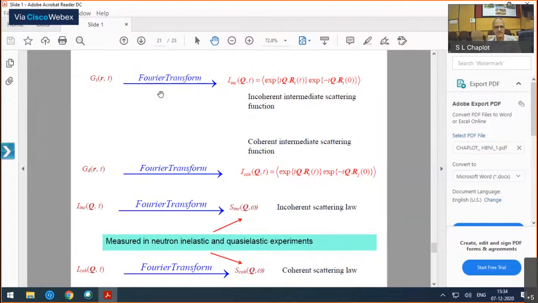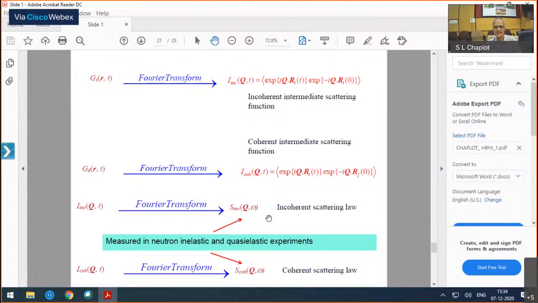Now, if you do a further Fourier transform of the incoherent intermediate scattering function from t to omega, then that becomes the incoherent scattering law.